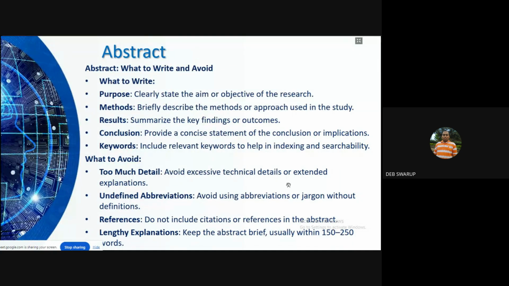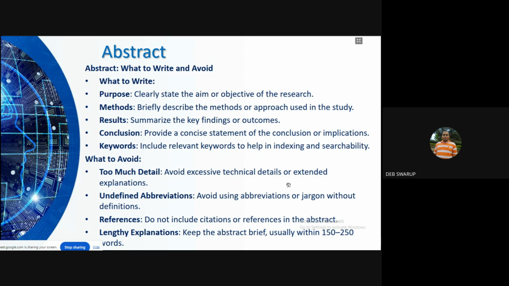We don't write it at the start because we will be confused with our methods, our results, our conclusions. Then we will write papers wherein we will not have the flow, where one part is linked to the other, linked to the third, like that.